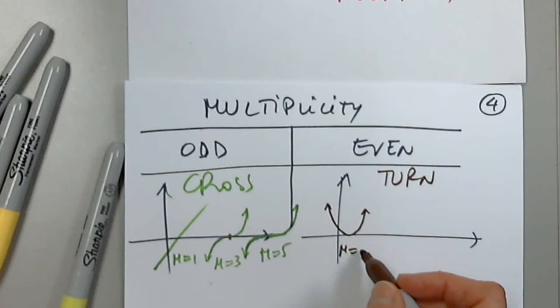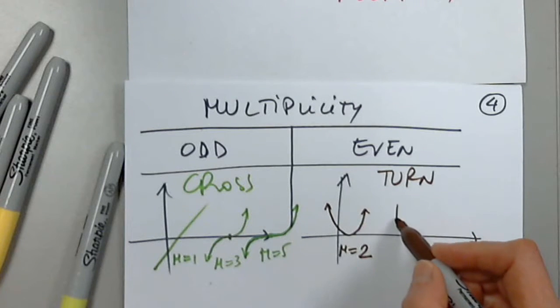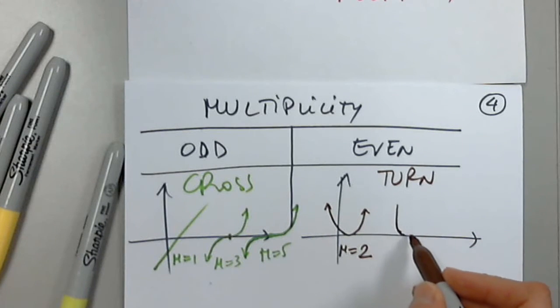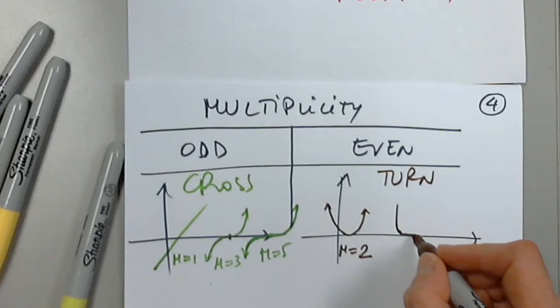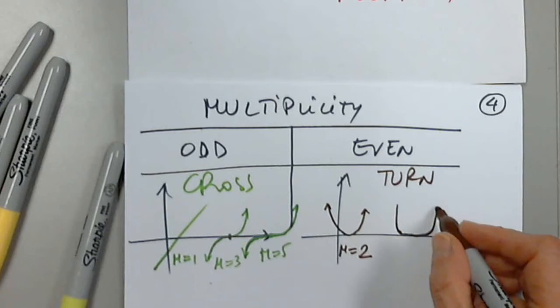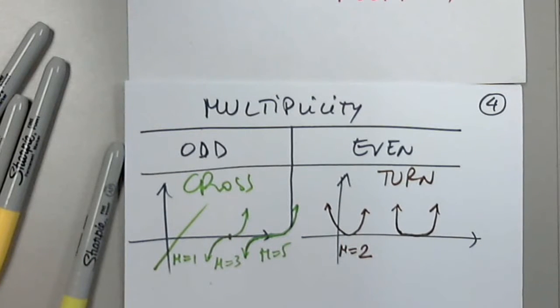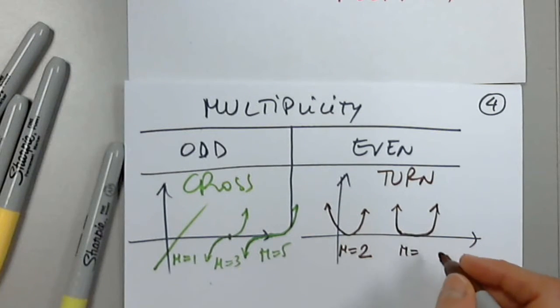Very good. What is this? Definitely not 2, but still an even multiplicity. And so on and so forth.